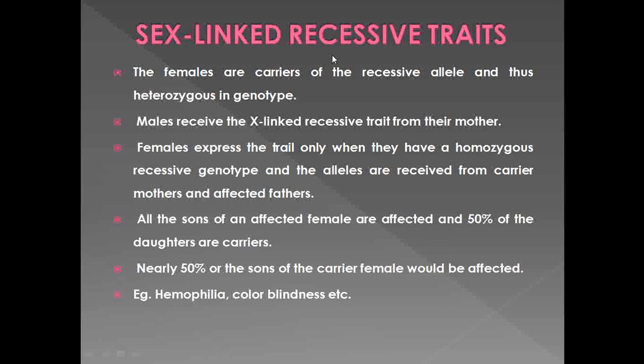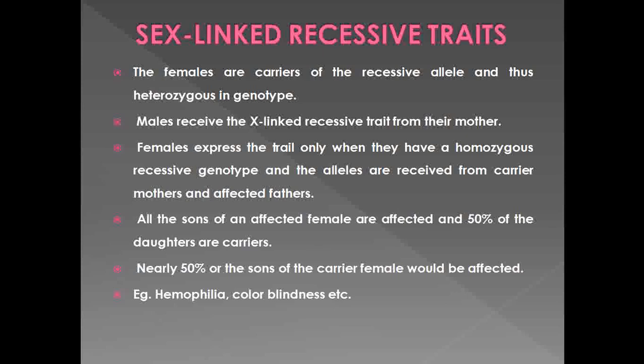Then next we discuss the sex-linked recessive trait. Just like the sex-linked dominant trait we studied earlier, which basically gets transmitted from the males, the sex-linked recessive traits get transmitted through the females. The males are recessive and carry that trait from their mothers.